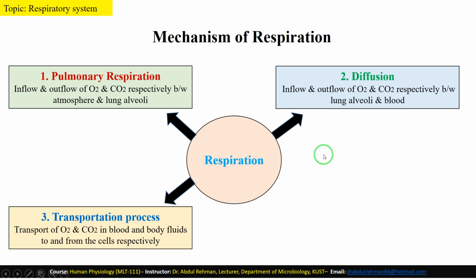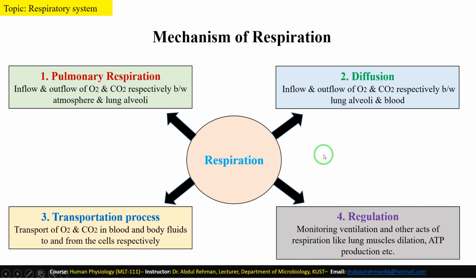The fourth step in respiration is regulation of the respiratory organs, and the central nervous system plays a major role to maintain and monitor the ventilation process and other acts of respiration like lung muscle dilation, ATP production, maintaining proper lung capacity and pulmonary volumes, and also maintaining proper lung pressure. So all these regulations are the fourth step of respiration.